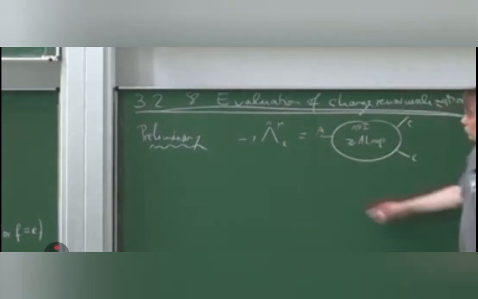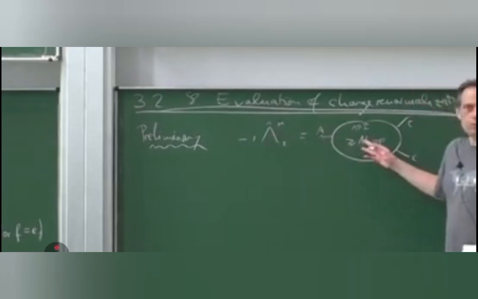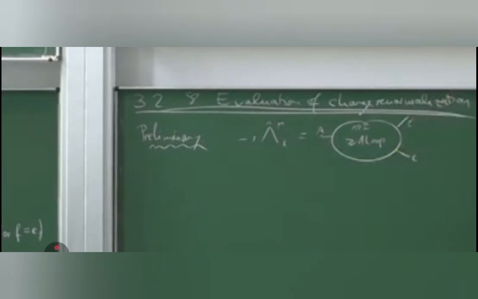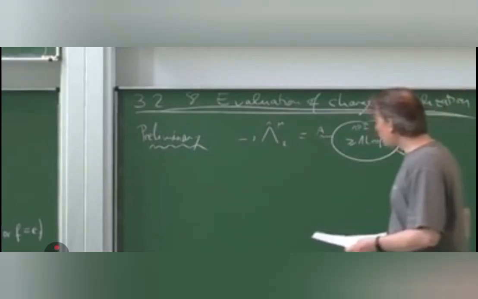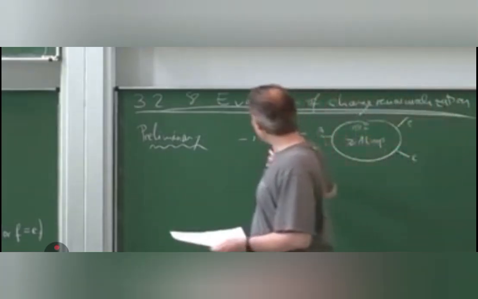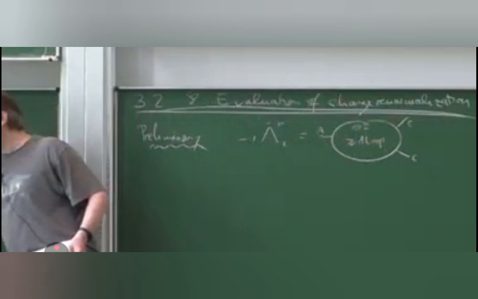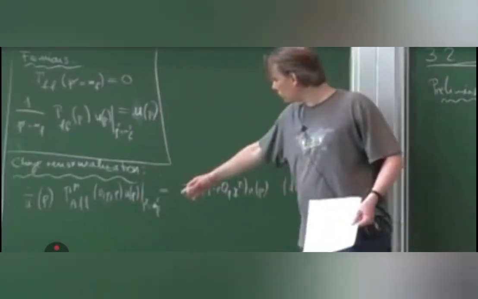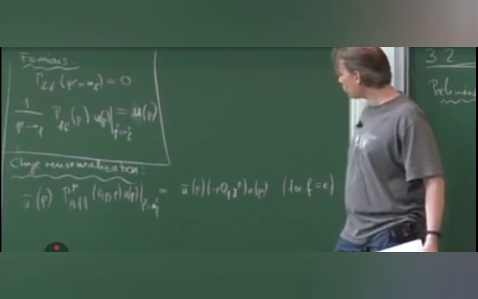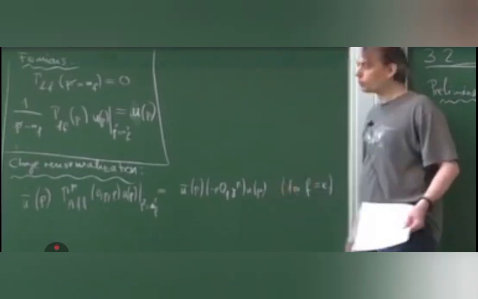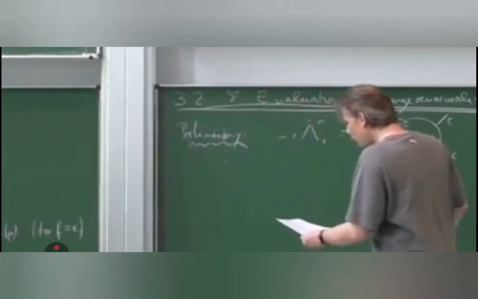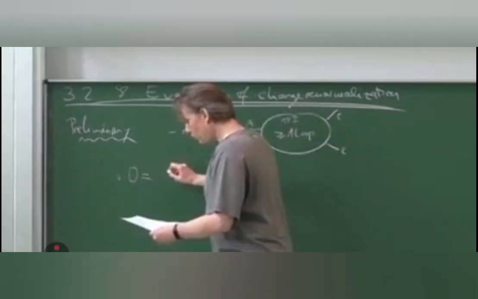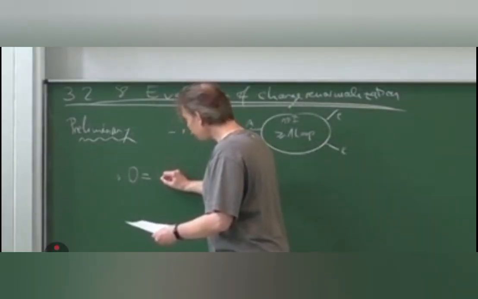So gamma is the thing which also contains tree level, and lambda is the object which starts at one loop. And then our charge renormalization condition means that if we plug in lambda at this point, then we get 0 on the right-hand side, because the full object reduces to tree level at all orders, and so the loop corrections vanish. Therefore, we get a condition 0 is equal to the following, namely lambda.